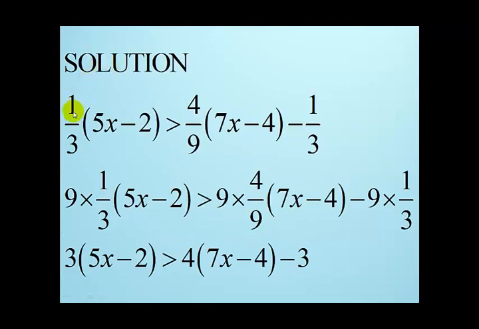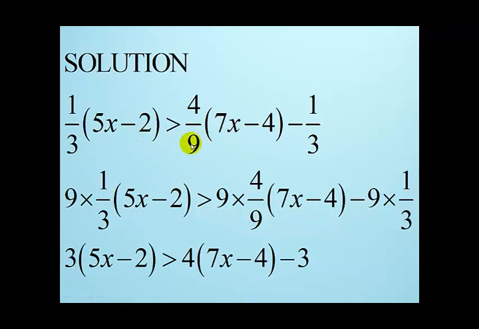Given 1/3(5x − 2) > 4/9(7x − 4) − 1/3. What we have to do is multiply through by the LCM, and the LCM of 3 and 9 is 9.